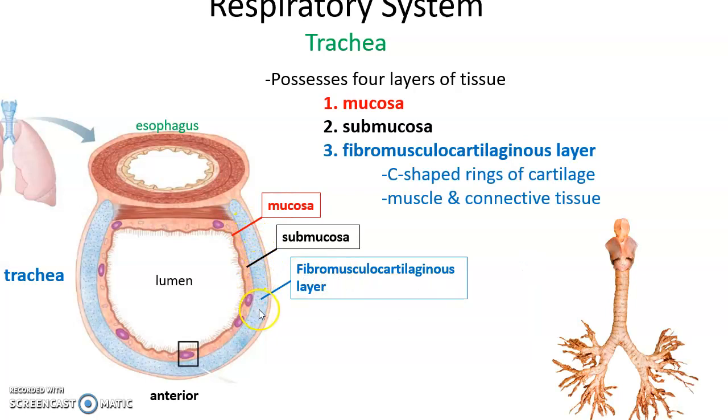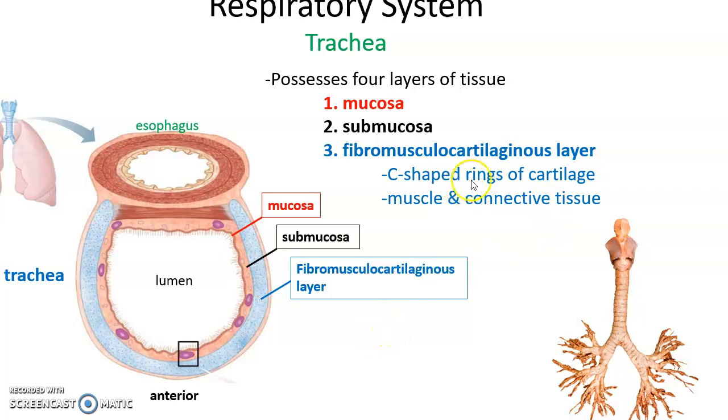Then the third layer is the fibromusculocartilaginous layer, and that is just telling you what it's made of. It's made of fibrous tissue, it's made of muscular tissue, so right here is the muscular tissue, and it's made of cartilage, the big C-shaped cartilage discs that help to keep the trachea open.